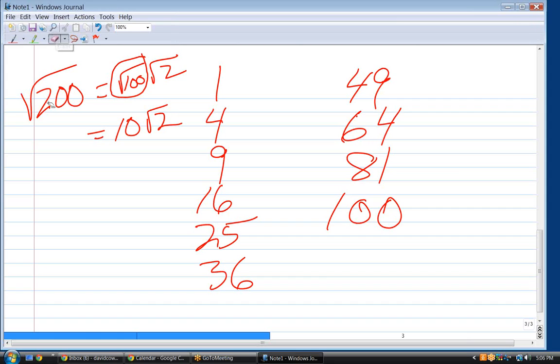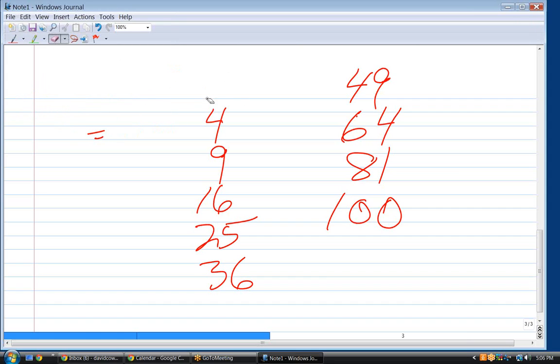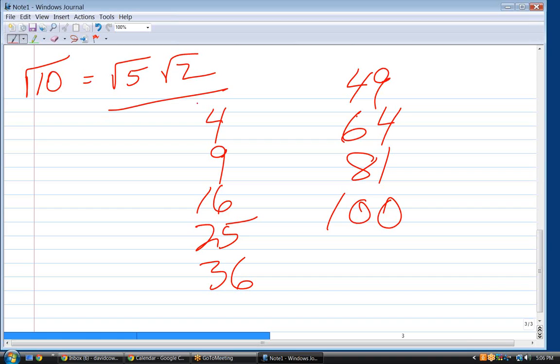Now, let's take another one. Let's take square root of 10. Well, the only factors of 10 that aren't 10 and 1 are 5 and 2. So I could certainly write it that way, but that's not a simplification. That's 2 terms instead of 1. And I cannot pull a whole number out of either one of these.